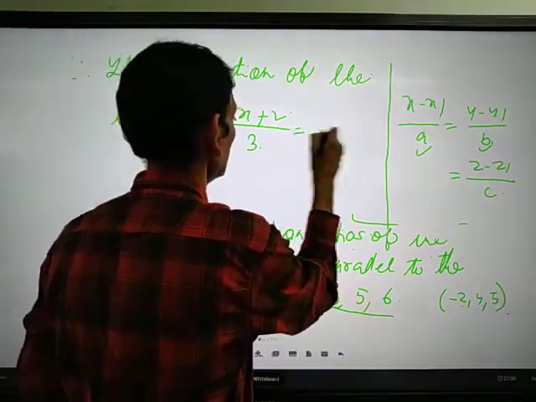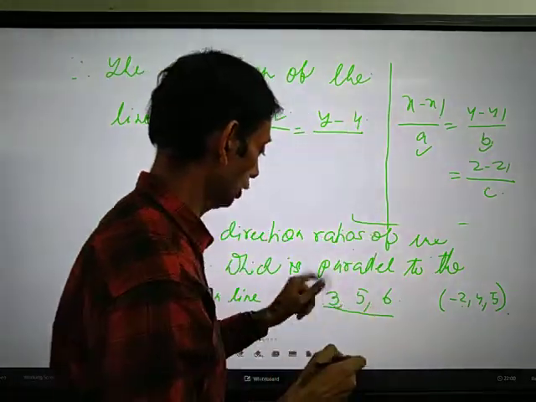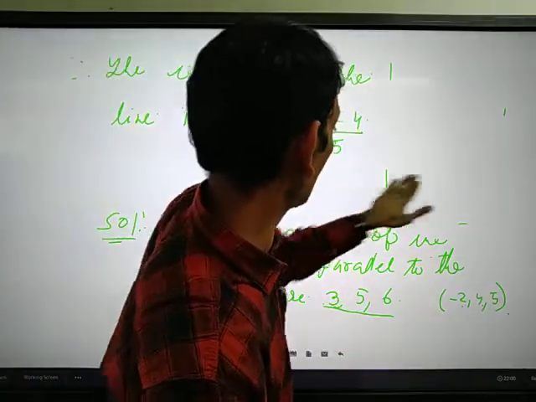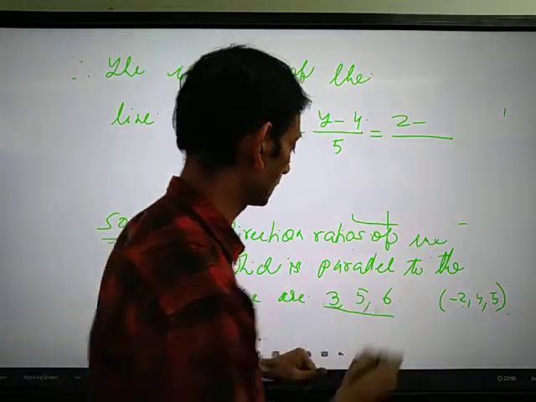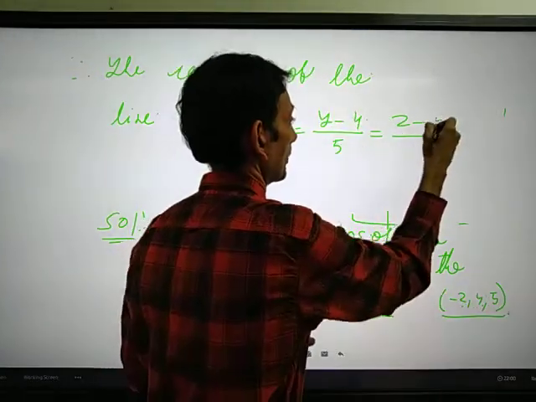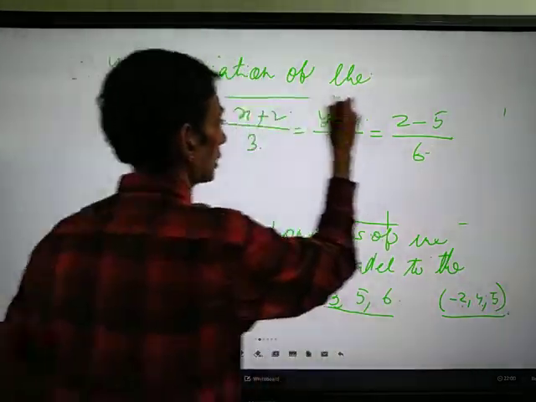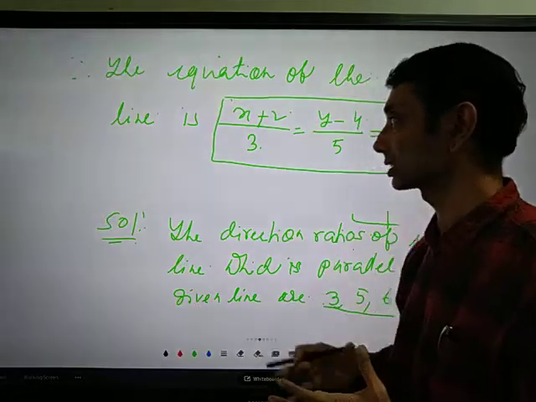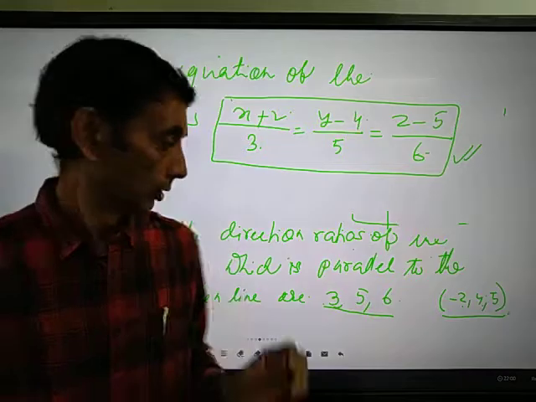Equal to y minus y1, y1 is 4, by b. b is 5. Fine. Then z minus z1, z1 is, no, this is x1, y1, z1, so z1 is 5, by c. What is c? 6. So which is the Cartesian equation of the line. Fine. So in case it is of 1 mark, you can just directly write this answer also.